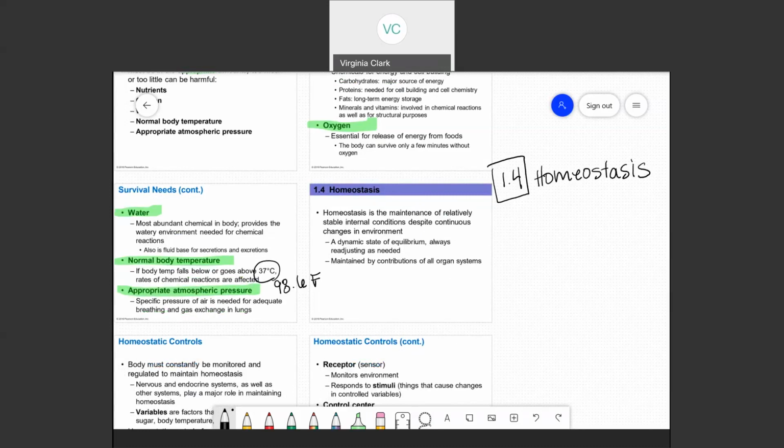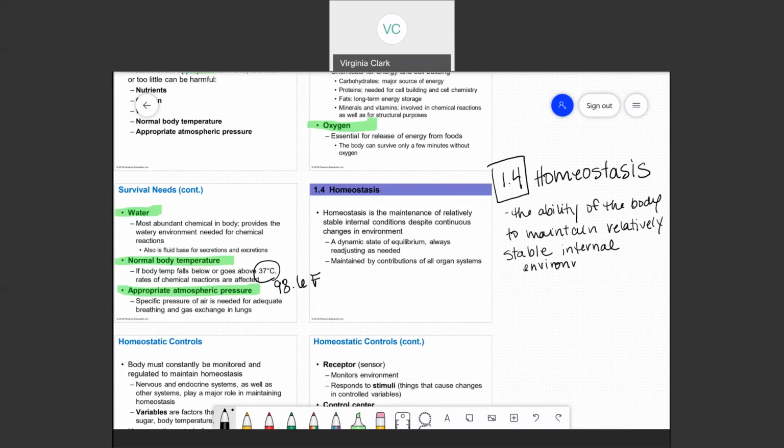So we're going to write that down. The ability of the body to maintain a relatively stable internal environment. So it's a relatively stable internal environment.